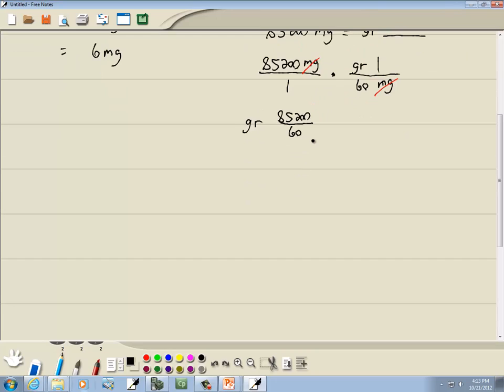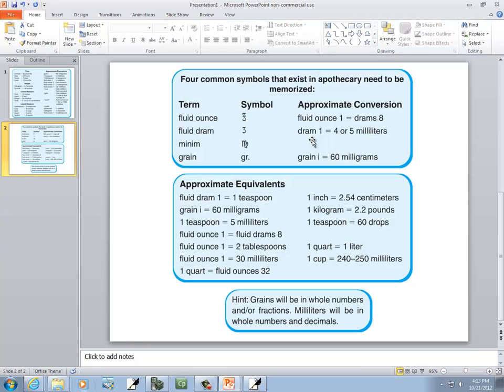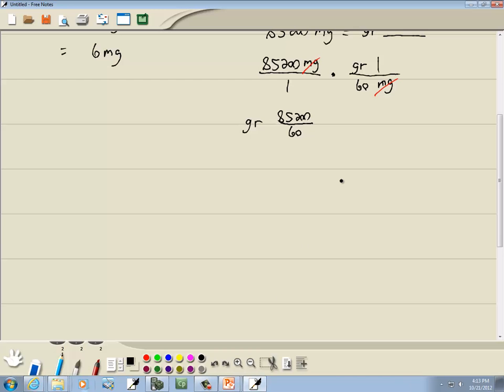I'll also put it in decimal form for all of these problems. On some of the homework, you may be asked to put it in decimal form when in actuality, fractions is more appropriate. See how it says grains will be in whole numbers and or fractions, not decimals. But unfortunately, some of the restrictions of the LMS we're currently on prevent me from entering it in fraction form. So bear with me.